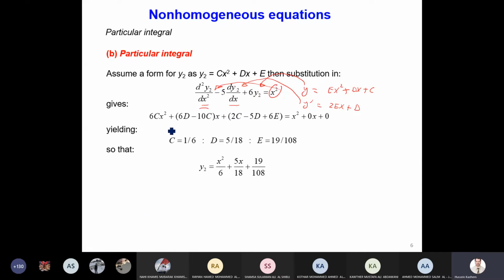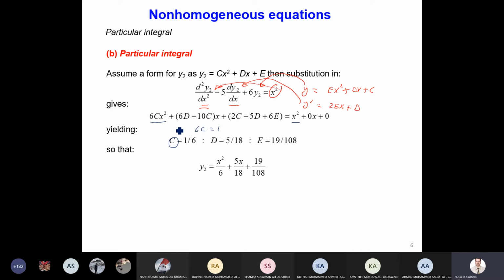Have a look. The left-hand side x squared parameter should equal the right-hand side x squared parameter. Here we have 6c x squared, which is supposed to equal 1 x squared, which means that I can say 6c equals 1, and I can find c.